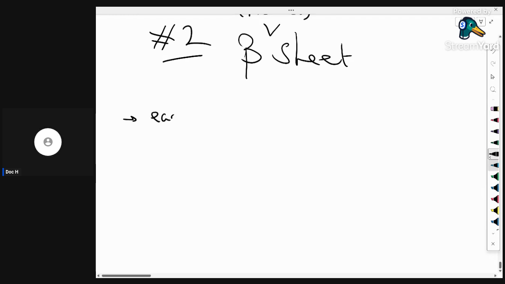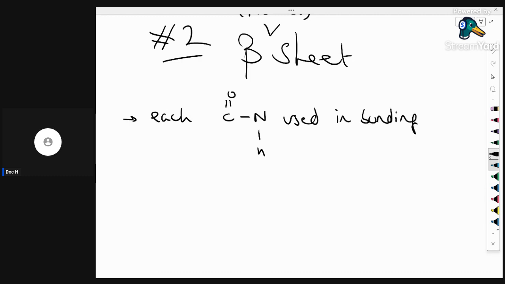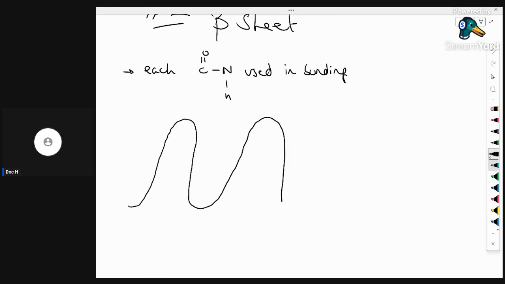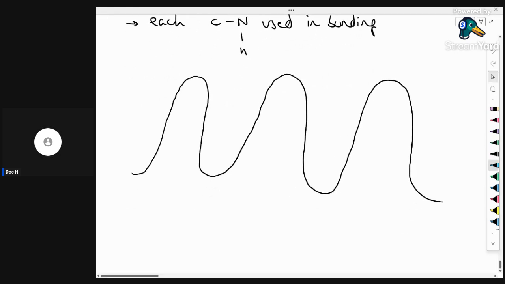So each sort of peptide linkage is used up in bonding. Okay. And so we don't form a helix. In this case, what we actually do is form a sheet. So it kind of looks like this, right? So the kind of chain primary sequence folds up, okay?